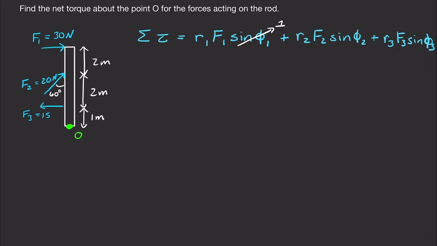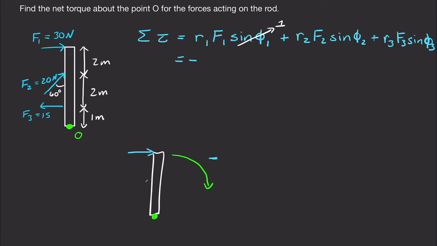Okay, so first we may want to get some directions for all of these. So if I draw my rod again, draw my pivot point, this first force is going to cause a clockwise rotation about the point O. So F1 is going to be a negative torque, so this will be negative.